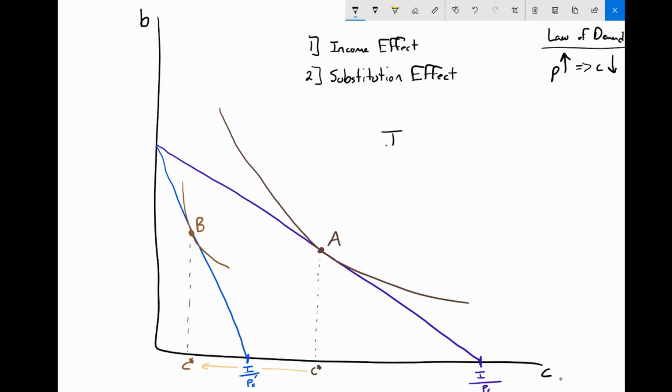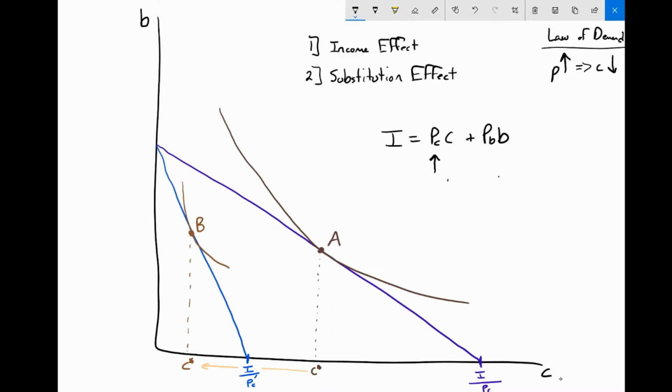So if I wrote out my budget constraint, P_C C plus P_B B, basically, if the price of coffee goes up, that gives me less buying power. And if I have less buying power, I'm going to end up probably consuming less of the coffee and less of the bagels.